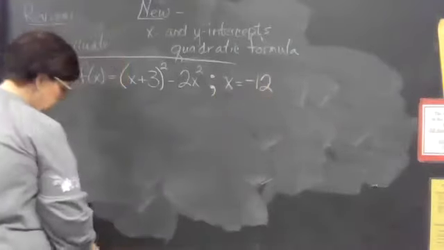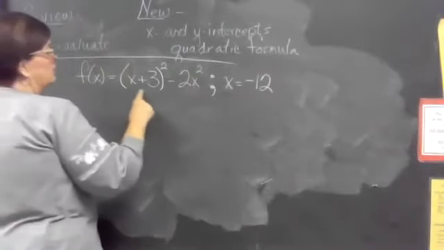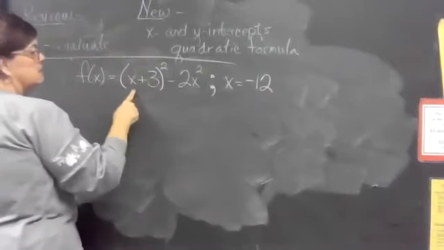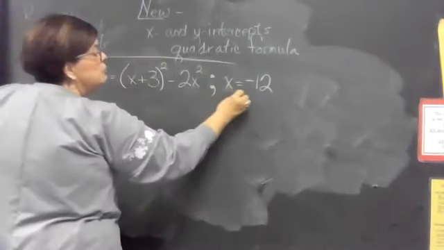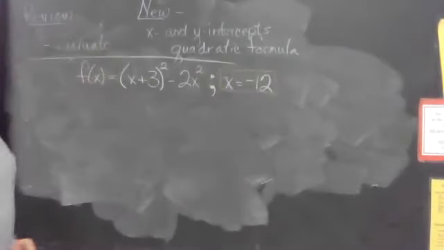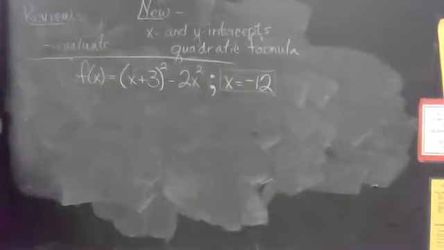So what they're saying here is, I want you to find out what the value of this is if you plug in -12 for x. You see? So let's do this.